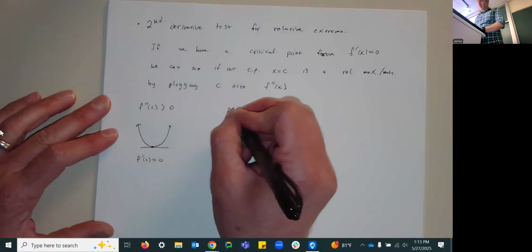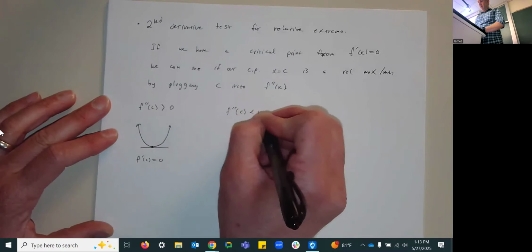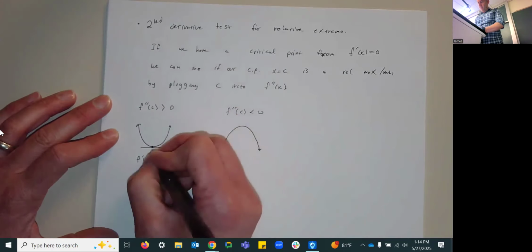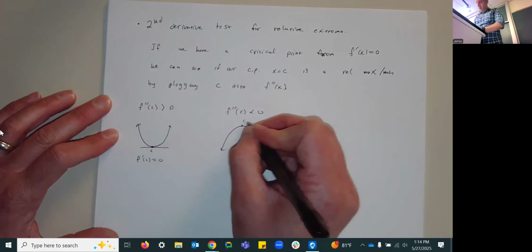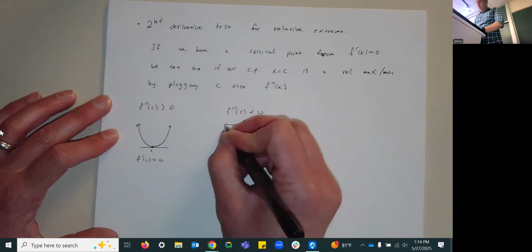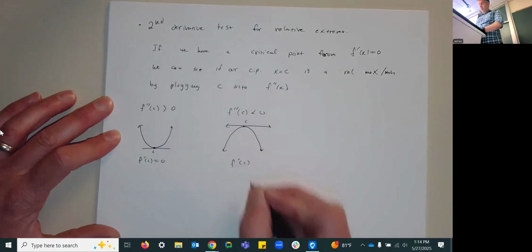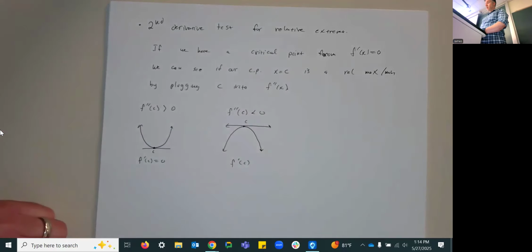Similarly, if your second derivative is negative and your first derivative is equal to 0 at some C, then we can say we're going to have a relative maximum. This idea is not super important in this class. This idea becomes super important in 17C when we start talking about how to determine relative extrema of functions of two variables.